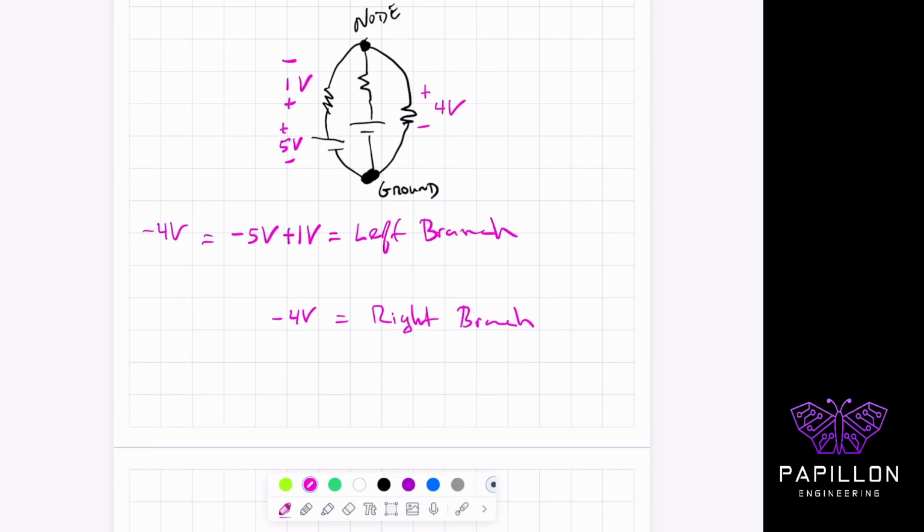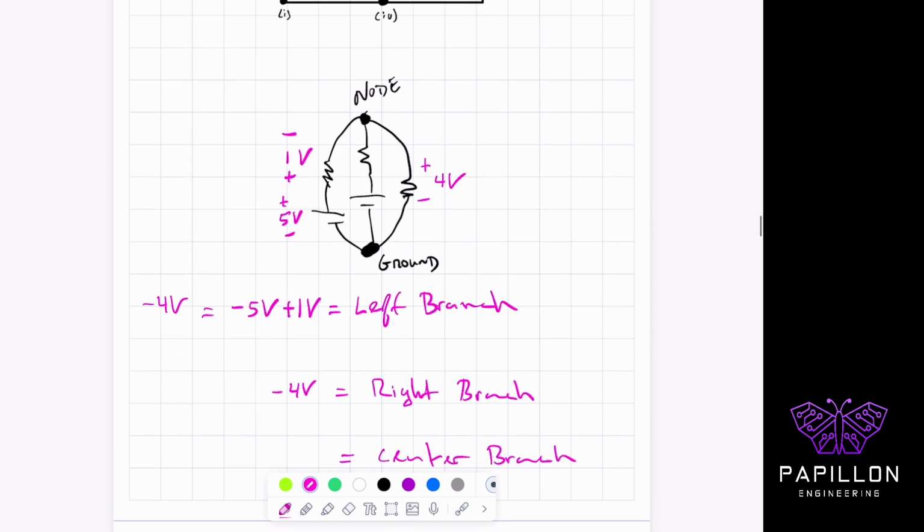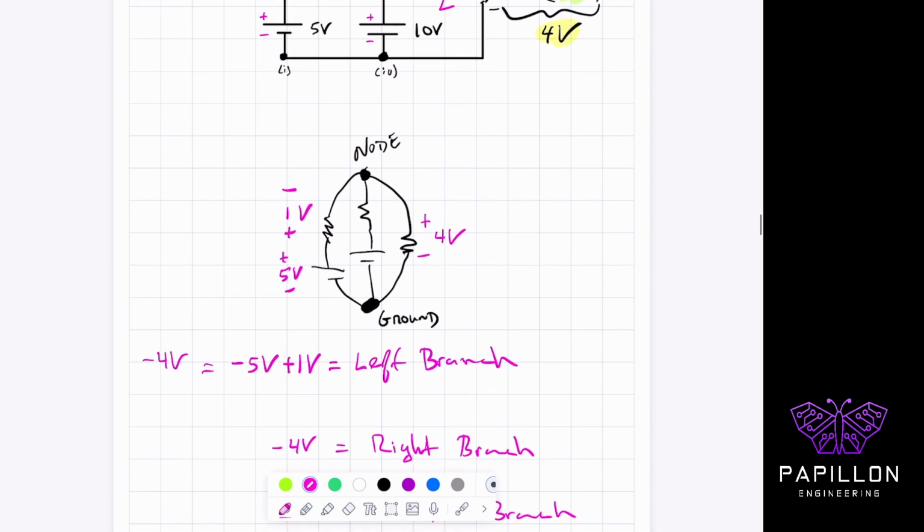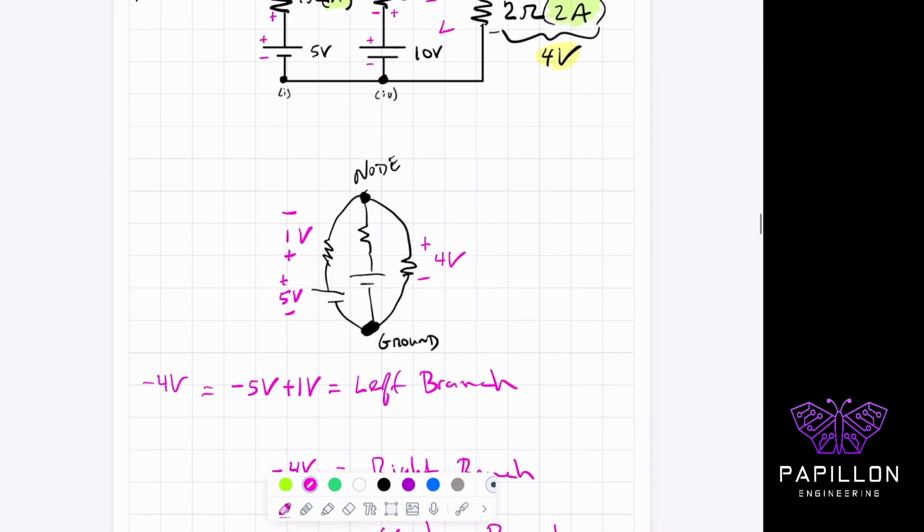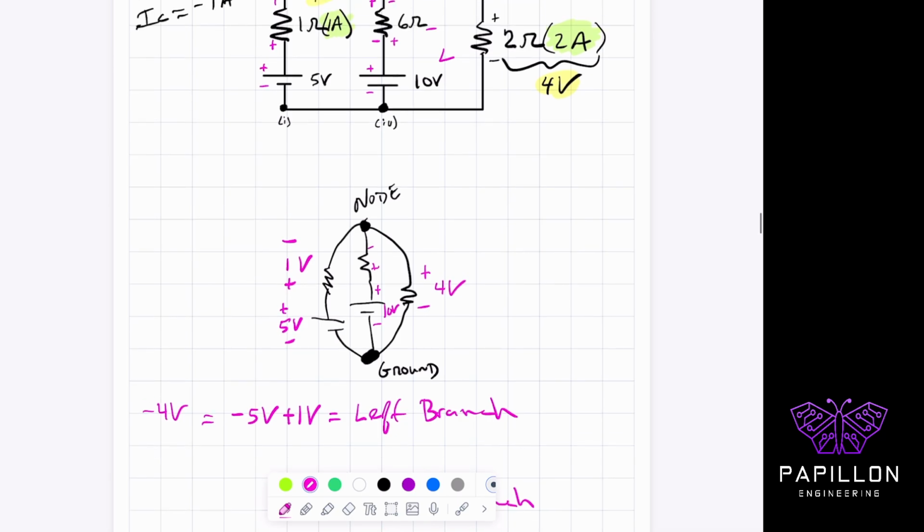And then when we do equals the center branch, the center branch states that you have here a potential difference of minus 10 plus 10 volts. And then it was positive minus 6 times IC, which is 1 amp, which is what we solved for, which gives us back 6 volts here.